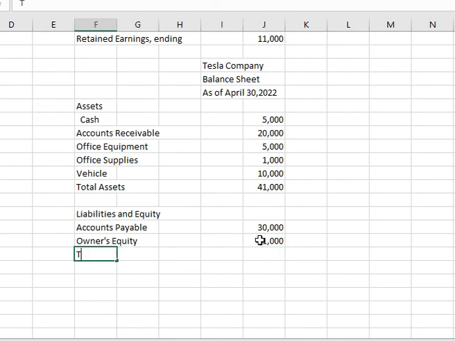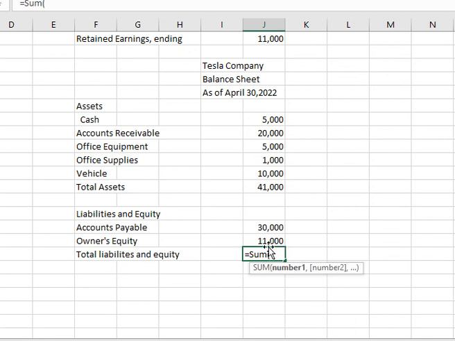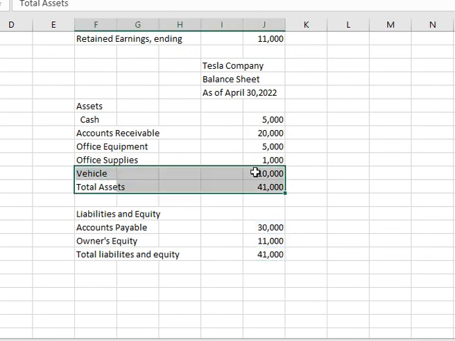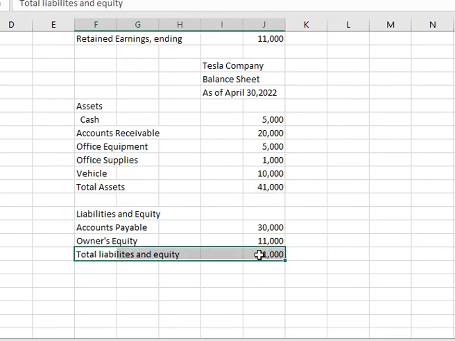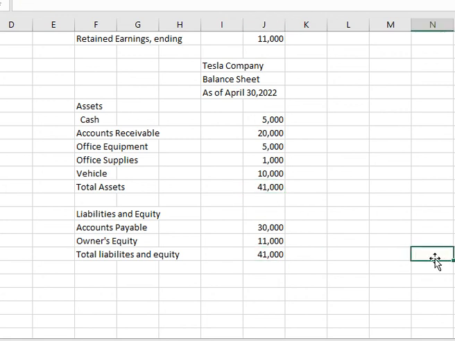And now we have the total liabilities and equity. So we sum two numbers in here. And we see that total assets equals total liabilities and equity. So that means we did it correctly. This is the end.